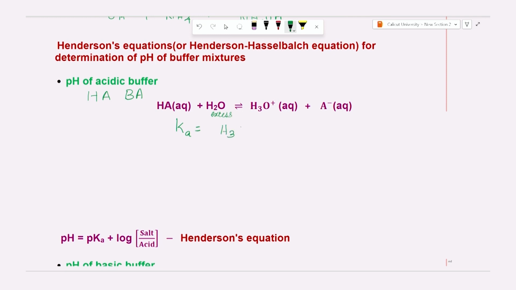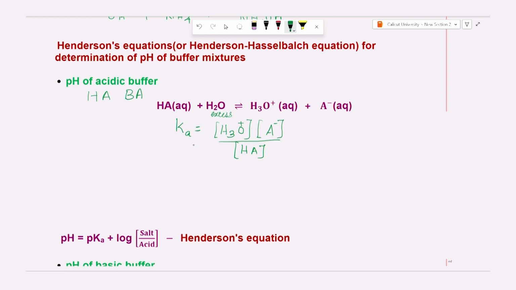So, the equation takes the form Ka equals H3O plus into concentration of A minus divided by concentration of HA. Hope it is clear. Now, here just like any other acid, HA has been dissociated into its ions, and I have applied the equilibrium constant rule, where we have an expression for dissociation constant for that weak acid Ka.